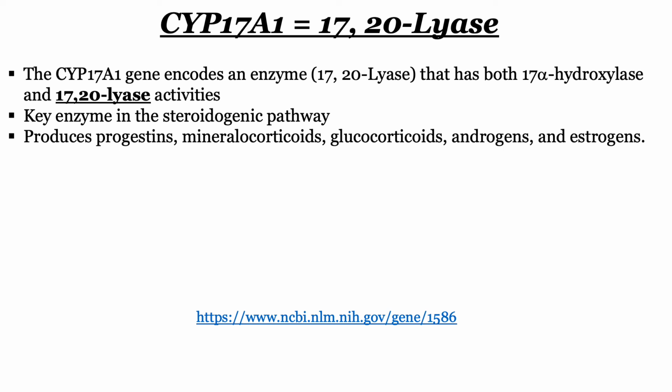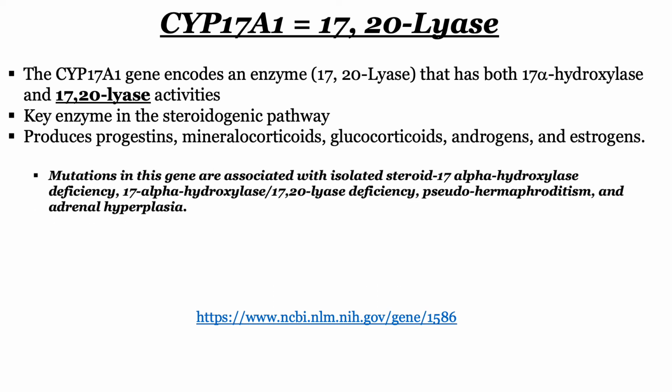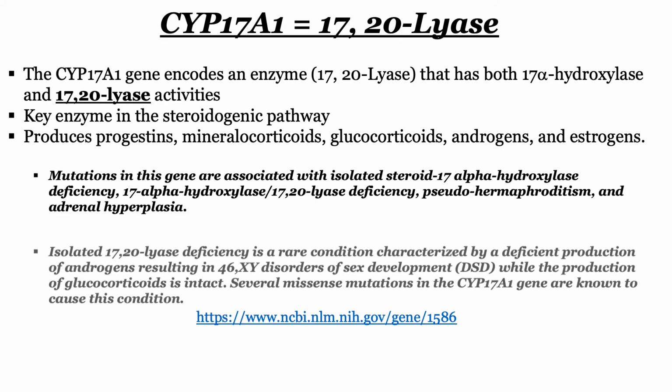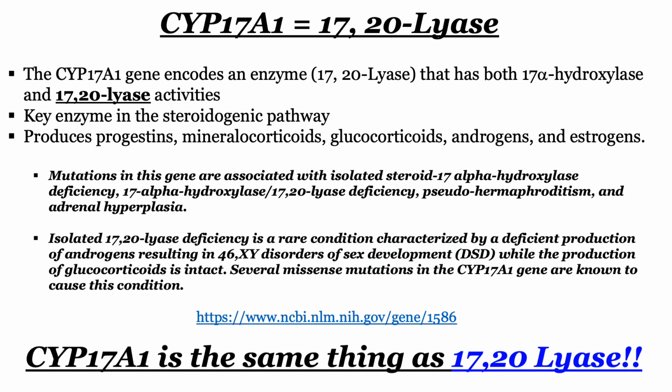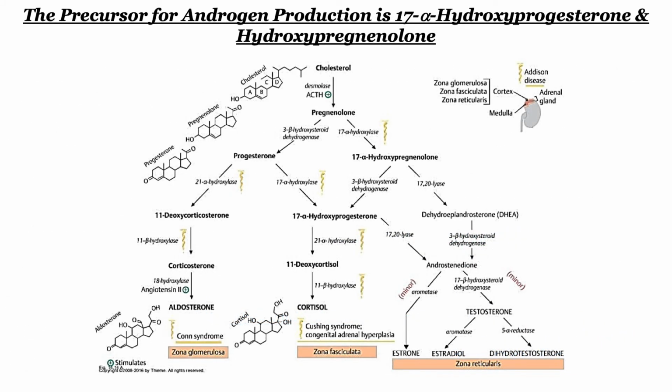And there are mutations in this gene. They're associated with pseudohermaphroditism and adrenal hyperplasia. Moreover, deficient production of androgen produces 46. I'm showing you this slide just to emphasize that the precursor for androgen production is 17-hydroxyprogesterone and 17-hydroxypregnenolone.